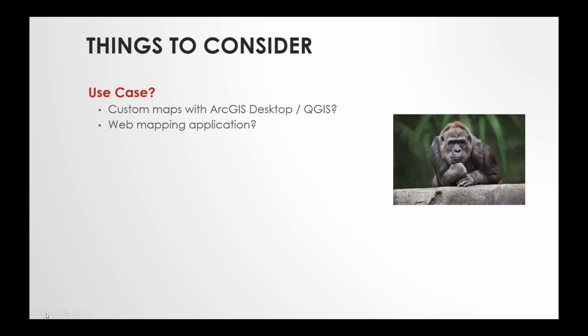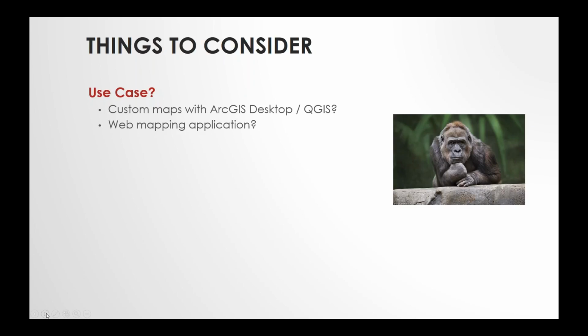But what you want to consider is, what's the use case for using the service? Are you trying to create custom maps within your ArcGIS Desktop or QGIS or whatever your software is that can bring these services in and consume them? Or maybe you're trying to create a web mapping application. Each of these has different implications in terms of the capabilities of the service, in terms of what you can and can't do.